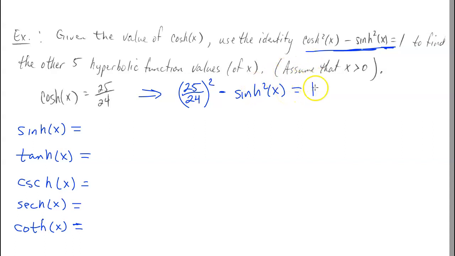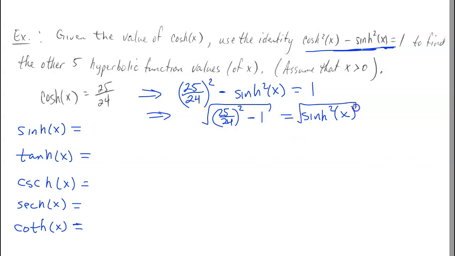So if we rearrange this equation, we end up having (25 over 24) squared minus 1 equal to sinh squared of x.